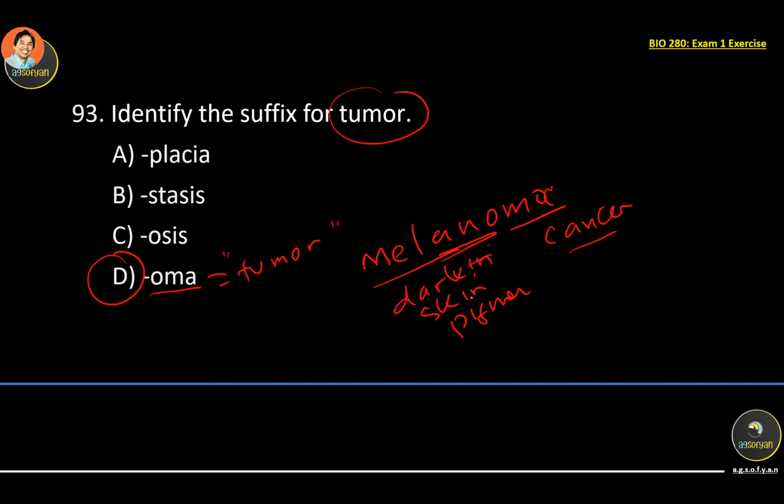So it is a cancer of the skin, one of the types of skin cancer, usually arising in the melanocyte, the skin cell that produces melanin, the dark skin pigment. So oma is tumor or cancer.